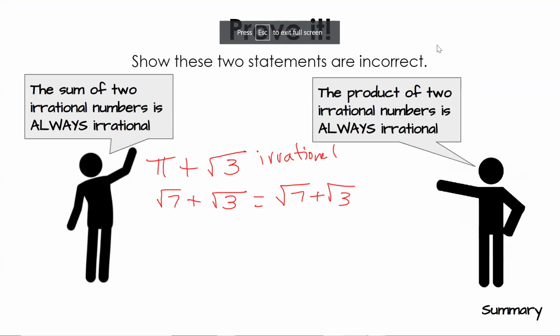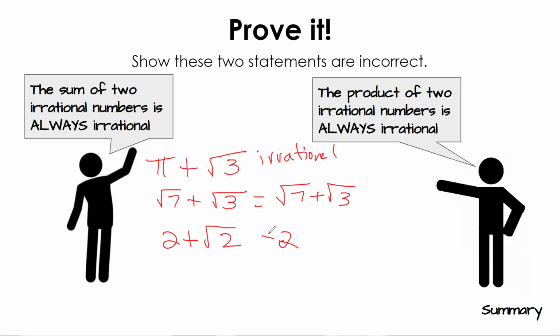So if I have 2 plus the square root of 2, and then I have plus 2 minus the square root of 2. These are two different irrational numbers, right? Now, we can only combine things that are the same, right?